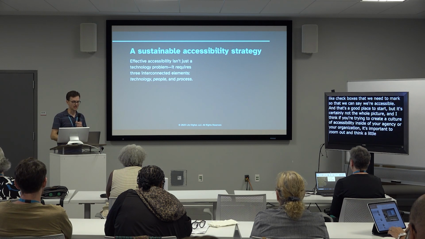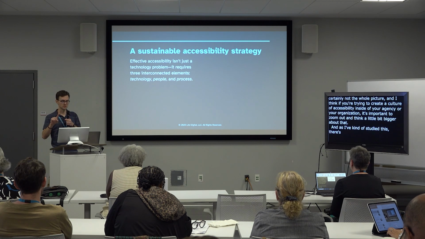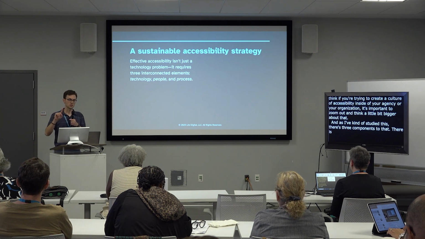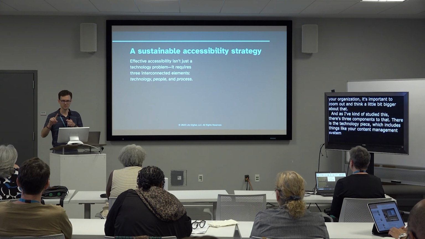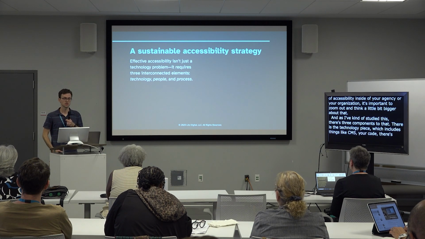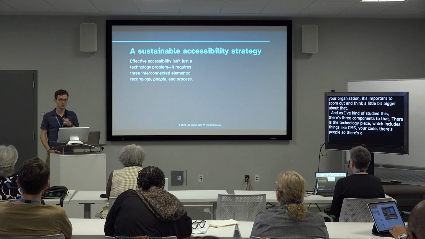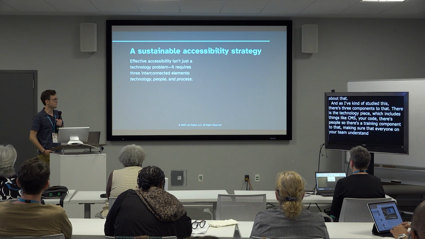And as I've studied this, there's three components to that. There is the technology piece, which includes things like your CMS, your plugins, your theme code, even your email templates. These are things we have to consider from a technology standpoint. There's people, so there's a training component to that, making sure that everyone on your team understands what accessibility best practices look like.